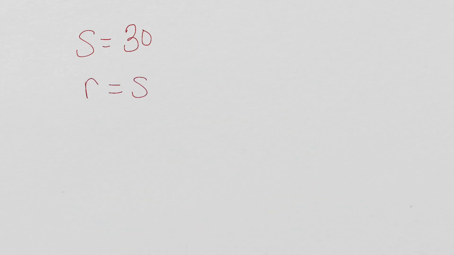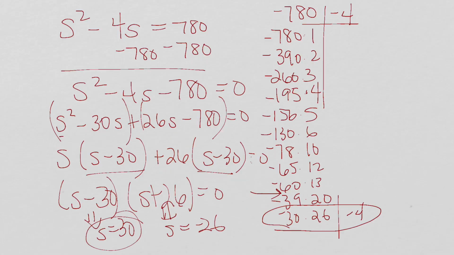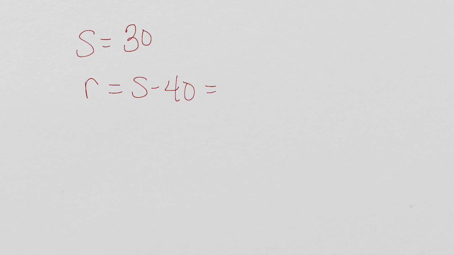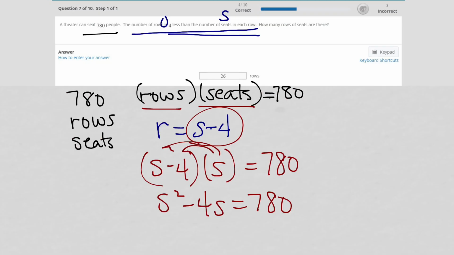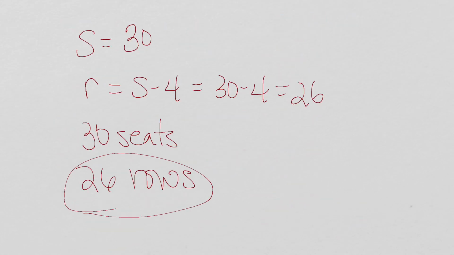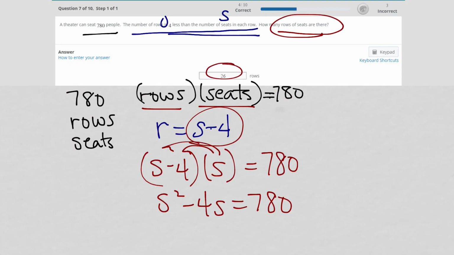R is equal to S minus 4, which is 30 minus 4, which is 26. So I have 30 seats and 26 rows. So I'm going to go back and see which question it wants me to answer. And it's asking me how many rows of seats. So my rows is 26. So my solution is 26.